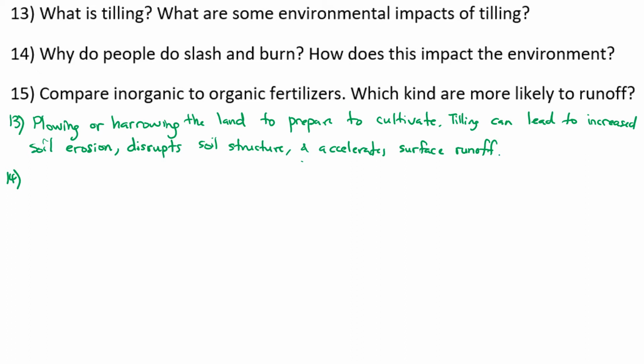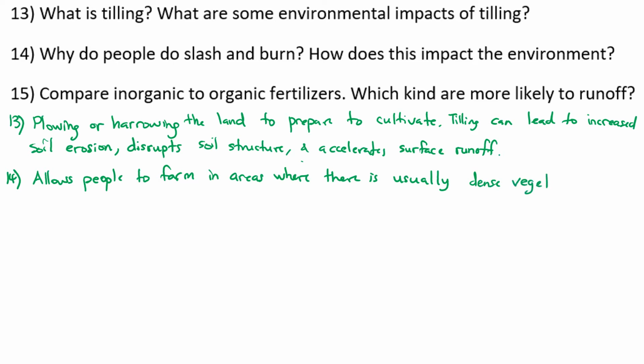So, slash and burn allows people to farm in areas where there is usually dense vegetation and increases the nutrients in the soil.